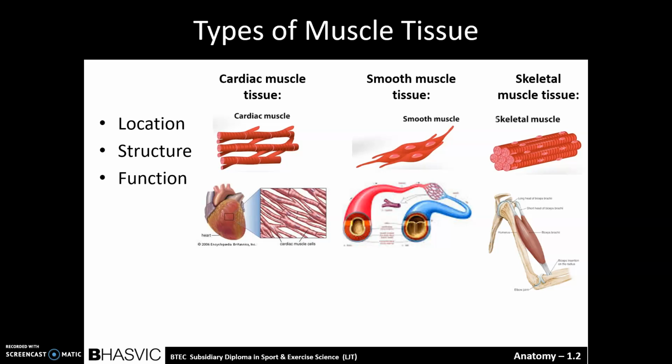So the role of this is, because they are branched, the cardiac muscle tissue is branched. That means that they can spread that impulse quickly, so they can then all contract at the same time to have one uniform contraction to make it more efficient.